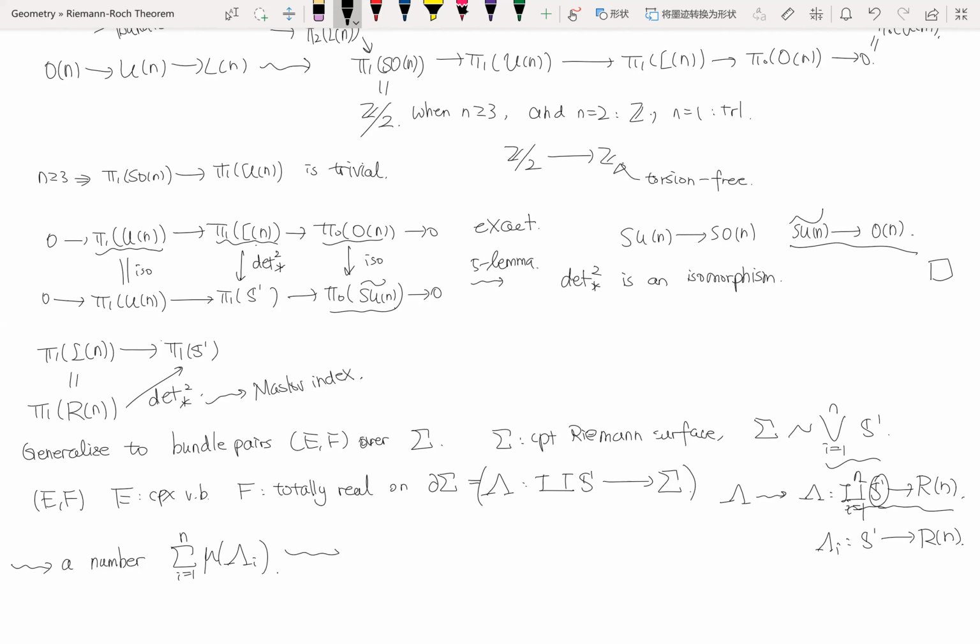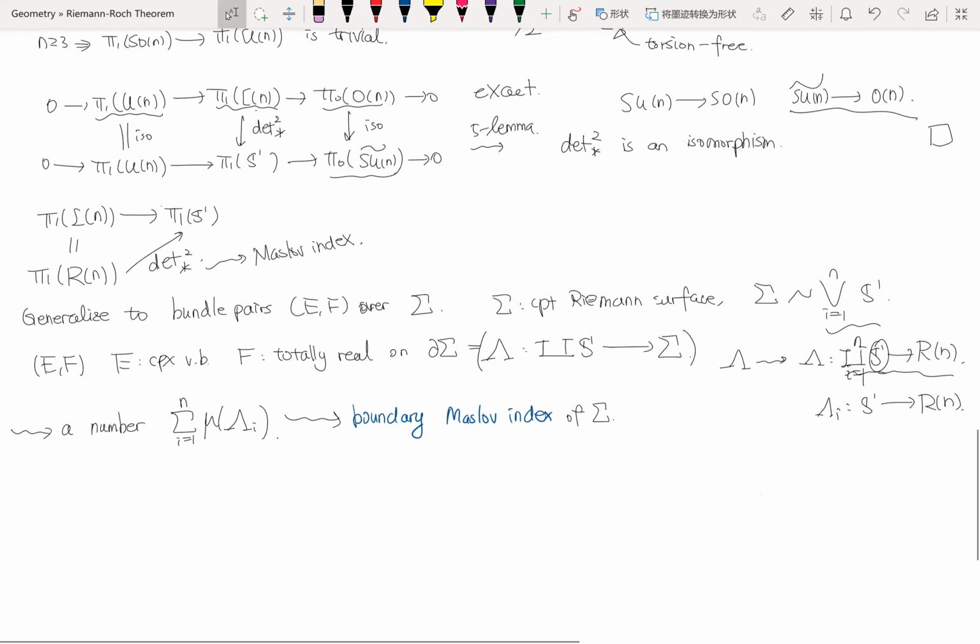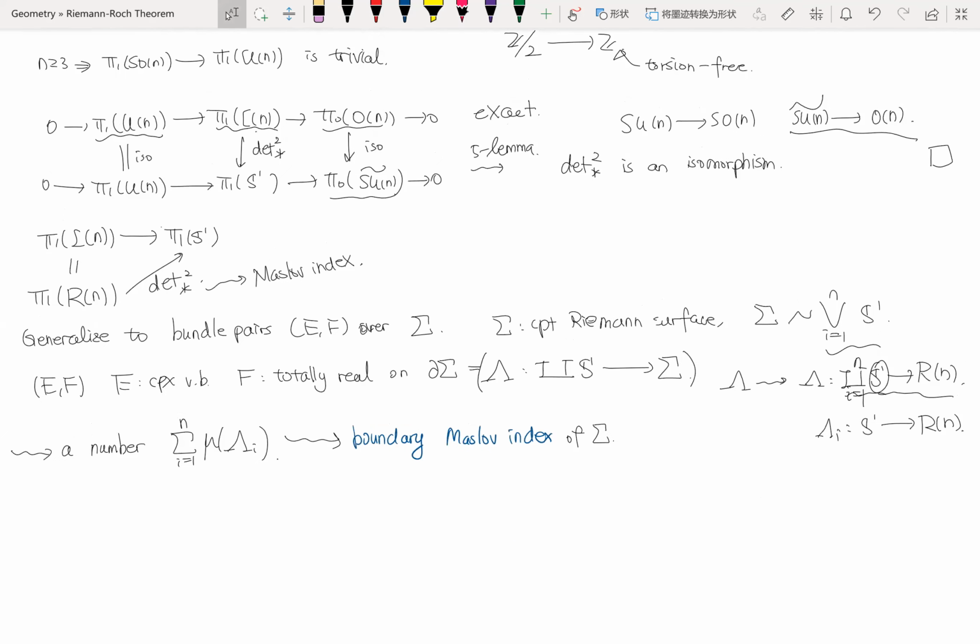We call this the boundary Maslov index of Σ. And when Σ is empty, we just set it to be μ(E, F).